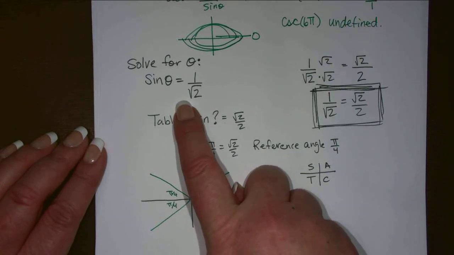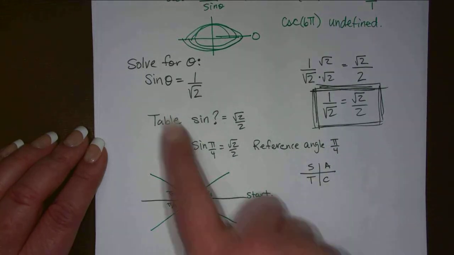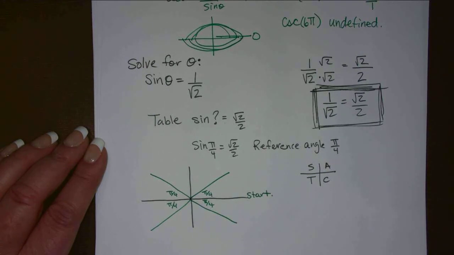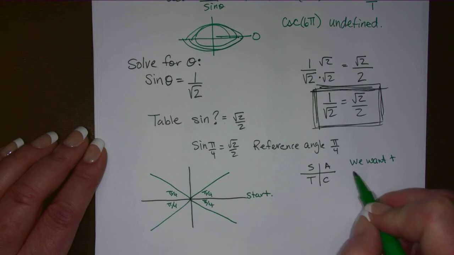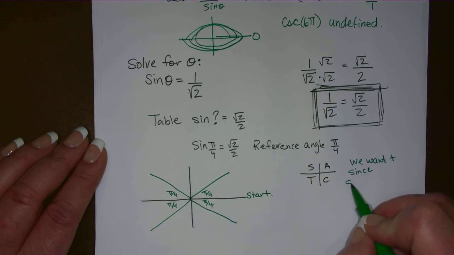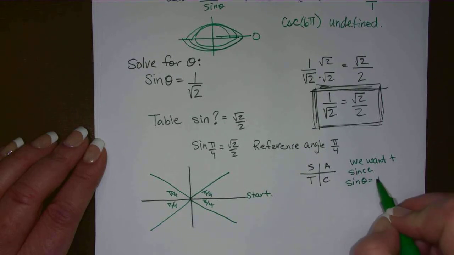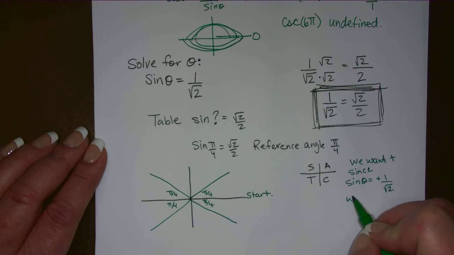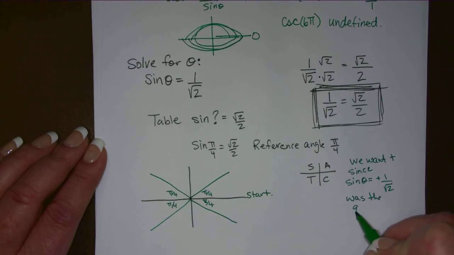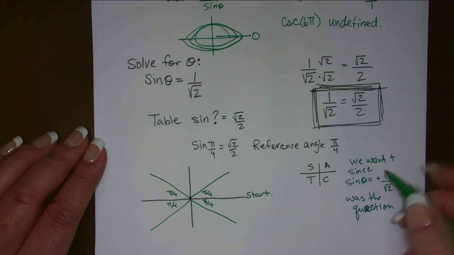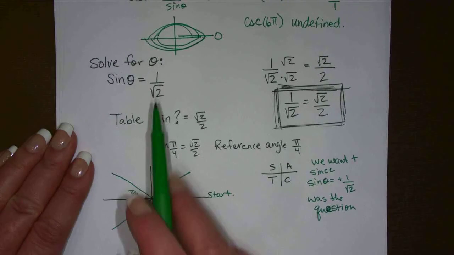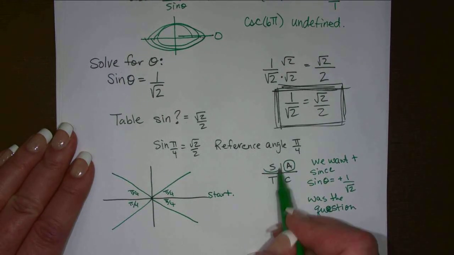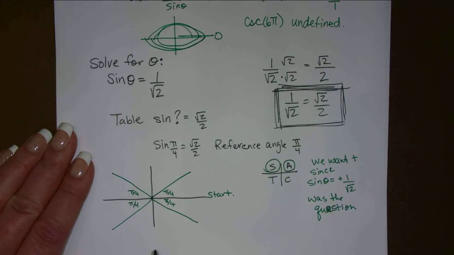Positive. Which of these are sine positive? The question had a positive, right? This is not the negative angle, we want the positive one. So since it's the positive one we want, we can be here or here. Do you agree? Those are the two where sine is positive.